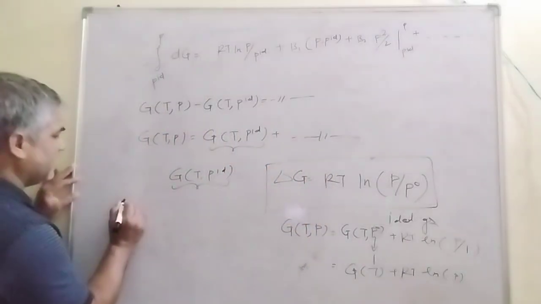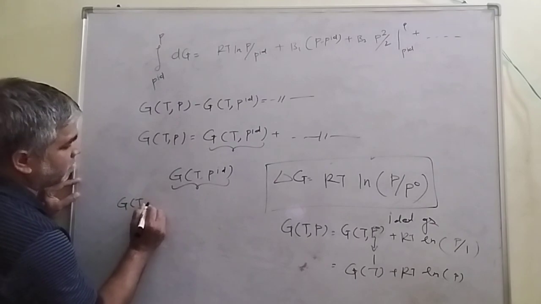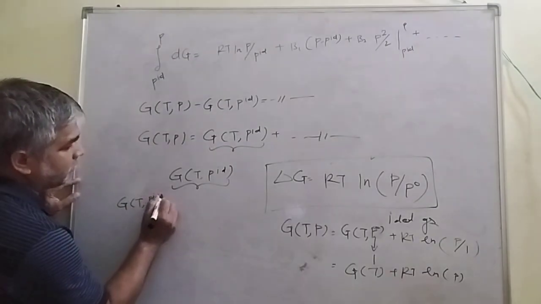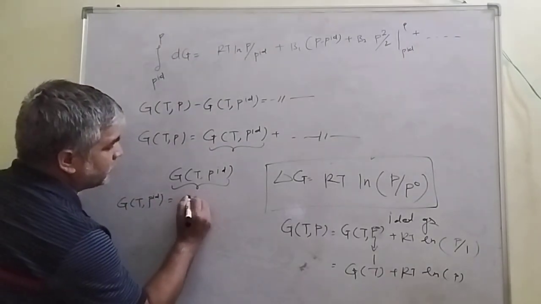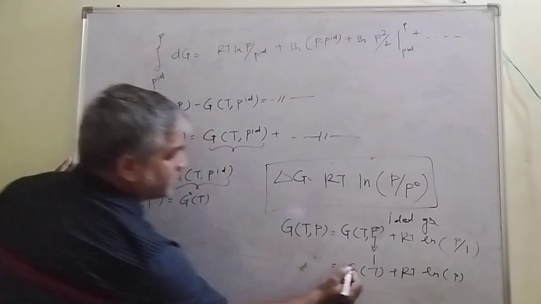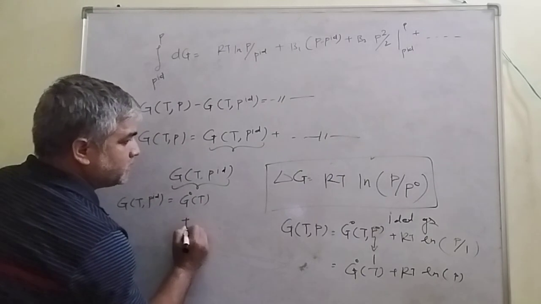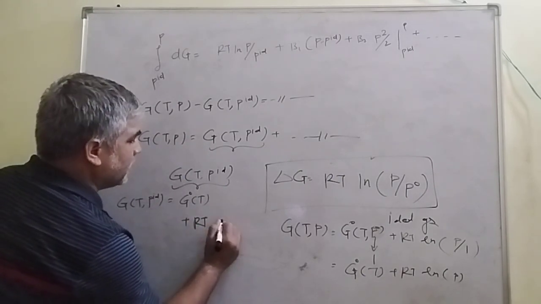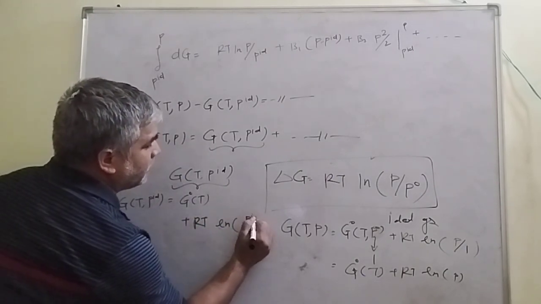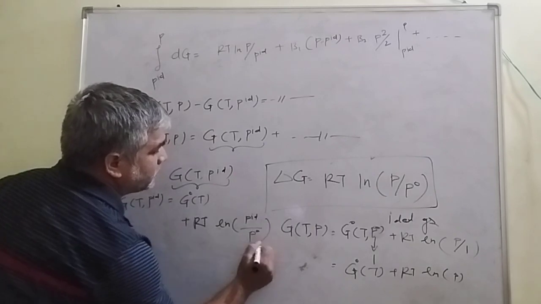If I do that, I get G at T comma P ideal equal to G naught at T plus RT ln of P ideal by P naught.